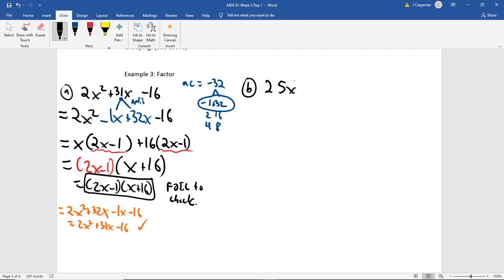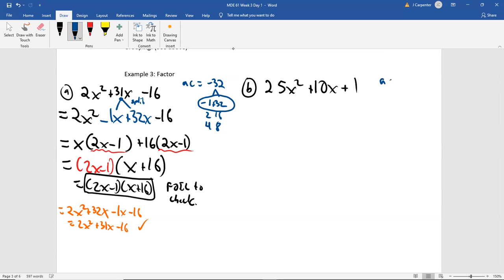How about 25x squared plus 10x plus 1. No GCFs. Leading term that's not a 1.